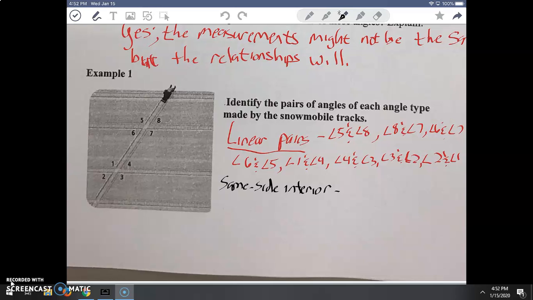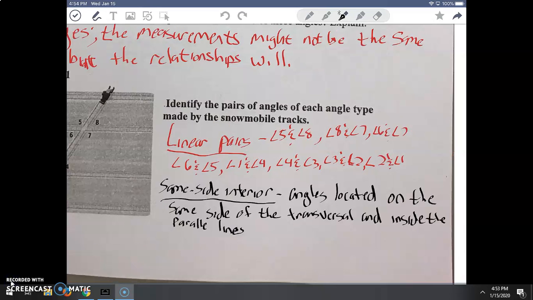So I'm going to pause and then come back with a definition. Same side interiors are angles located on the same side of the transversal and inside the parallel lines.